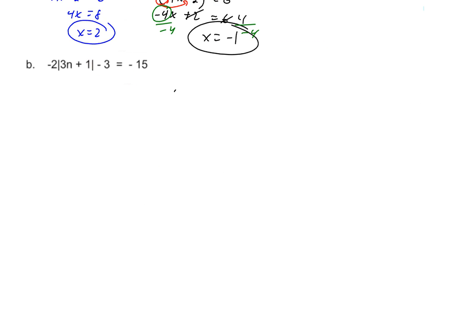Okay, let's try the last one. So I'll tell you what, I'm going to work it up here. You can work it at your seat. If you want help, you can look up. I'll include all the steps. So if you want to try it on your own, go ahead. Remember, first thing, you got to isolate the absolute value. So again, I'll put all my steps. But if you can do it, go ahead and do it.